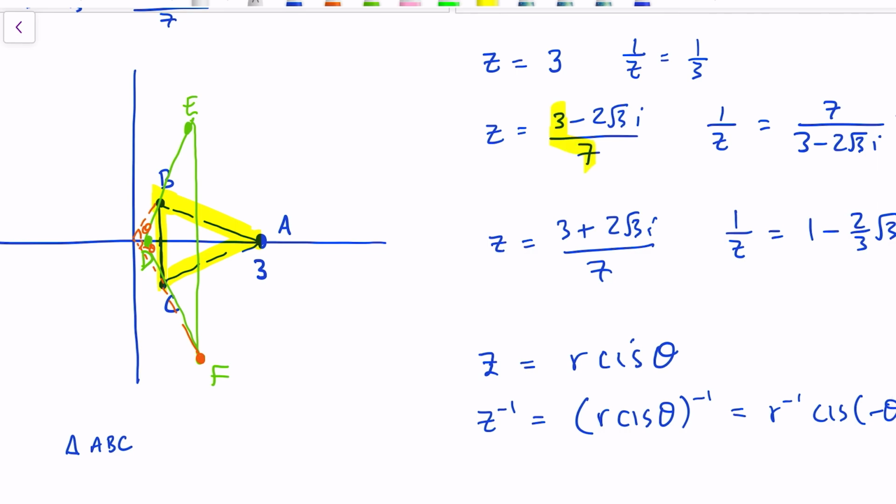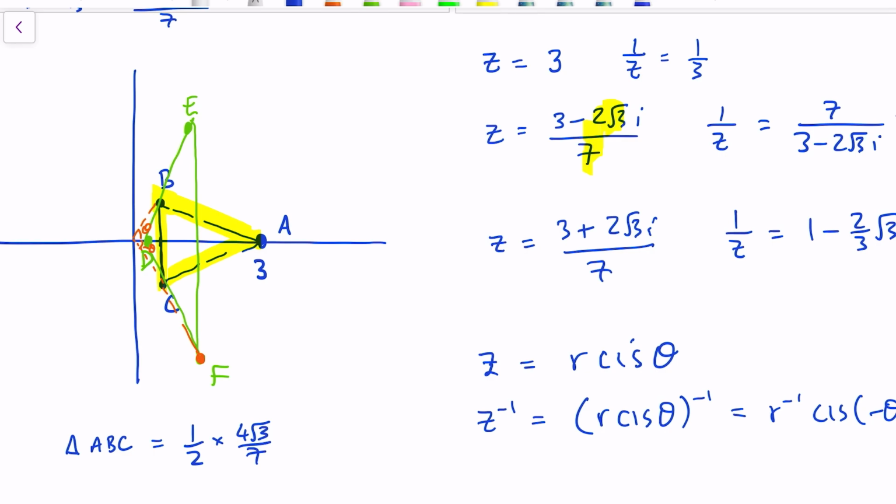So no, it wasn't. It was 2 over 7 times root 3. So that length BC is going to be double that, 4 root 3 over 7. There's a half as well, area of a triangle, half times base 4 root 3 over 7. Don't worry about the i, because that's just the direction. It's like a unit.